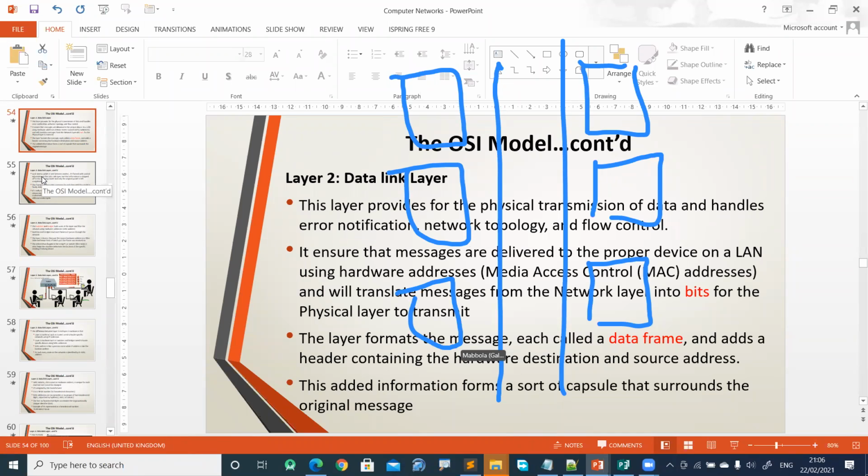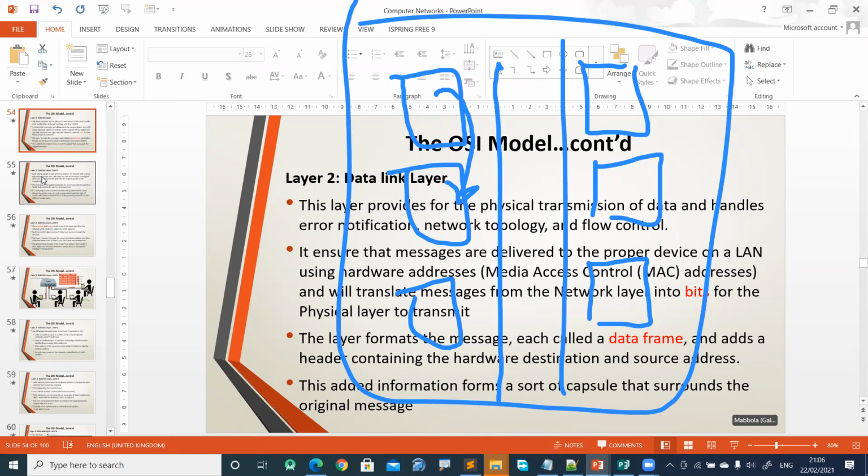When I want to communicate to somebody here, I call them by name. John, Bunch, you are in the same place, in the same local area. So communication here is more by MAC addresses. MAC addresses, I told you, are like your name.